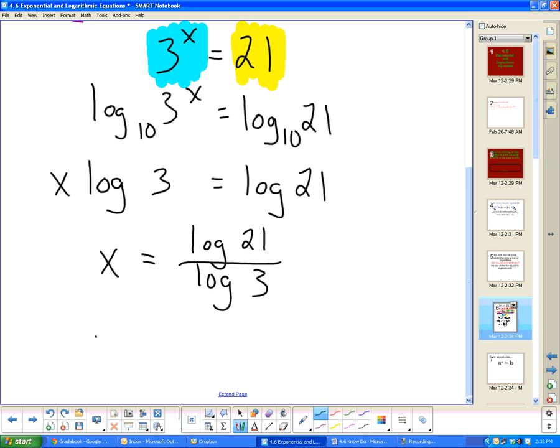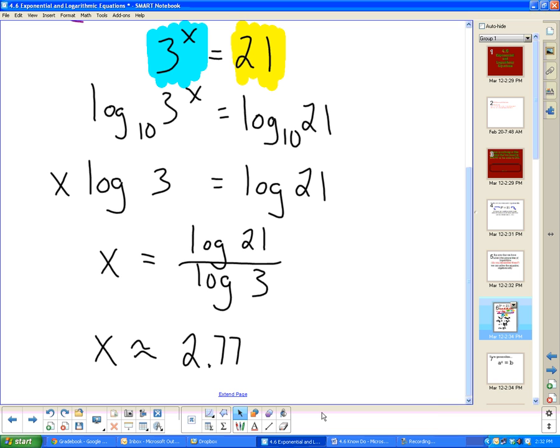Now, because I chose common logarithms, I can evaluate that statement on my calculator. When I evaluate that statement on my calculator, I get an approximate answer of 2.77.